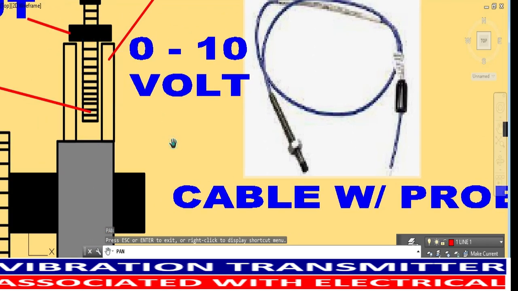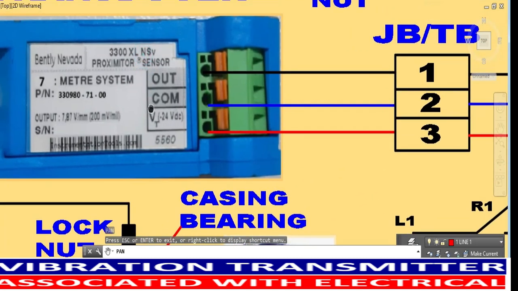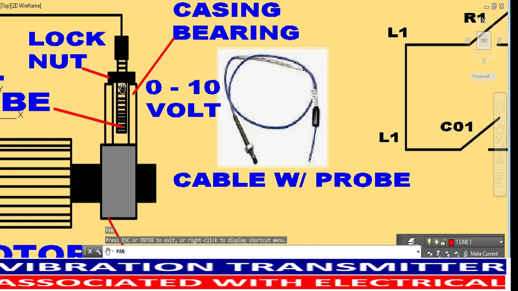As I said earlier, for the proper adjustment, you have to put a multimeter on the vibration transducer, and then adjust the vibration probe. This is the top of the bearing, and this is the bottom of the vibration probe.